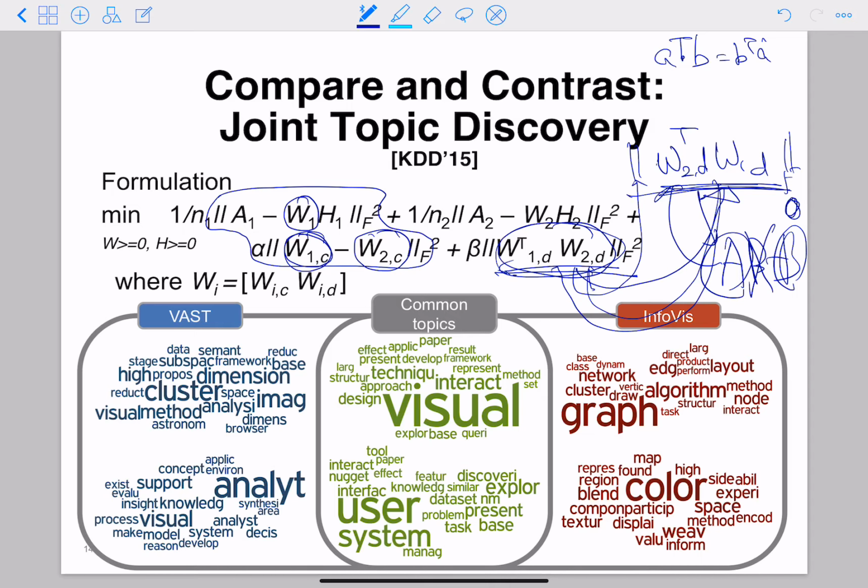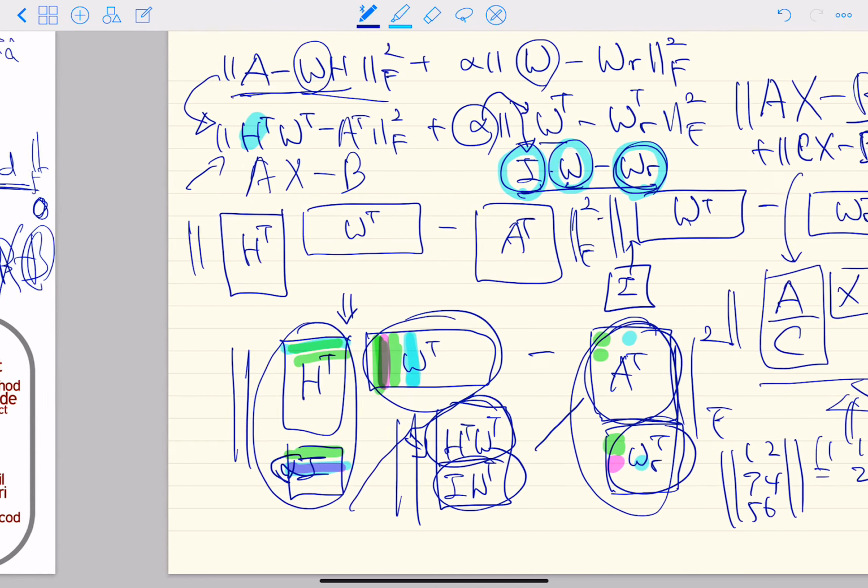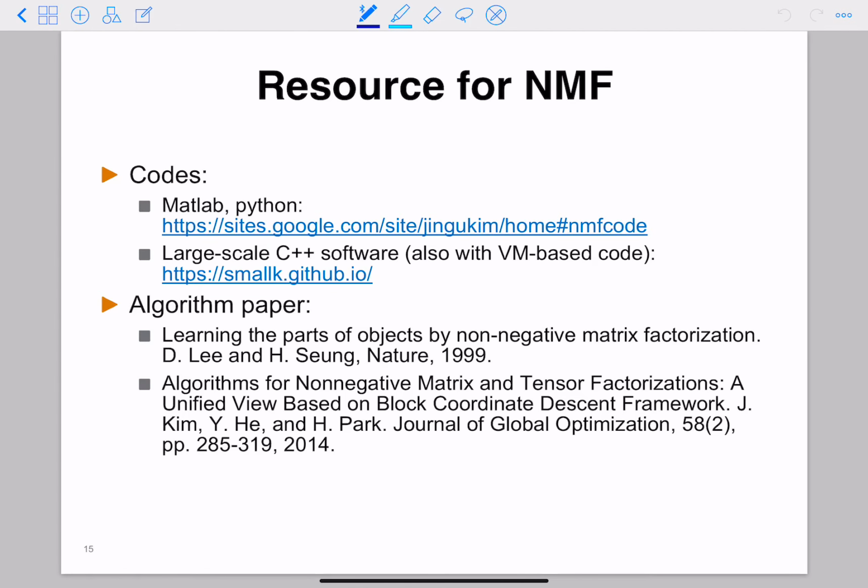So we can concatenate them in a row-wise manner to form a single unified Frobenius norm case, and then we can apply two-block coordinate descent to utilize this non-negativity constrained least squares, and then the 2k block coordinate descent framework as well. Okay, so that was it about this NMF.